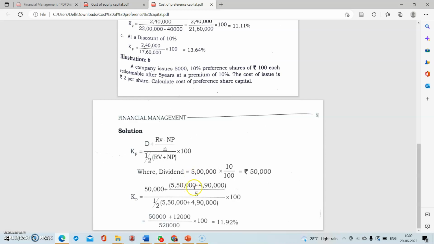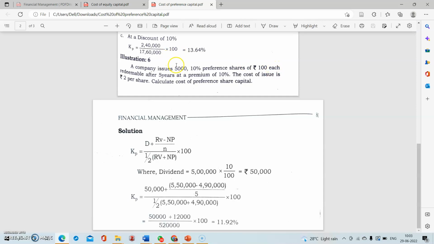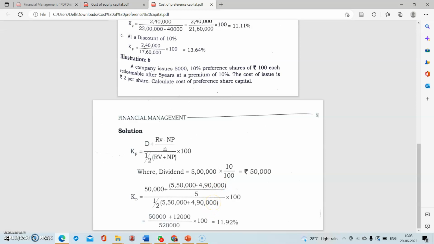So 5 lakhs 50,000 minus the net proceeds. 5,000 into 2, that is 10,000 is the issue expenses. So 5 lakhs is the par value minus issue expenses 10,000. So you will get it as 4 lakhs 90,000. Hope this is clear. Net proceeds is clear: 5 lakhs minus 10,000 issue expenses.